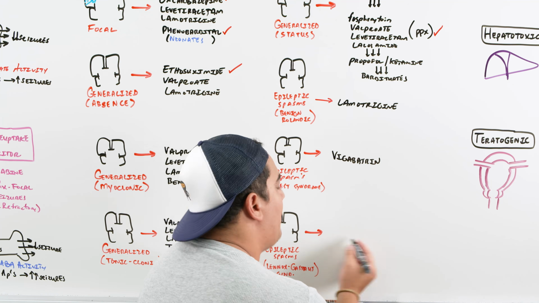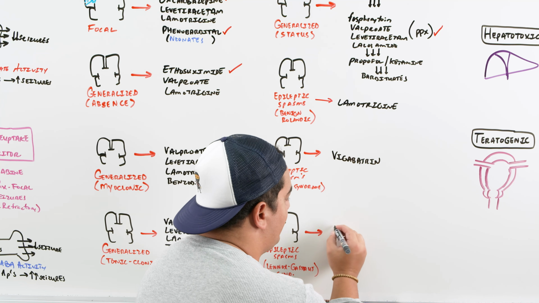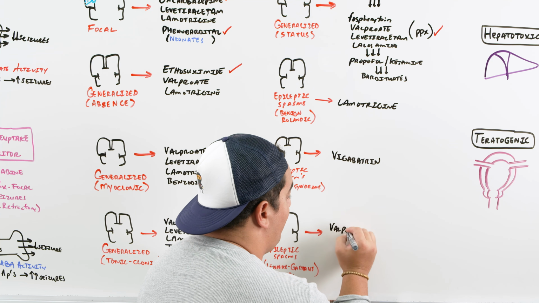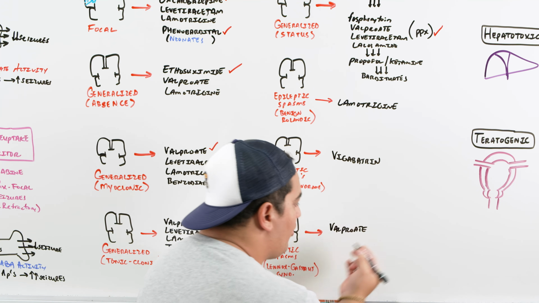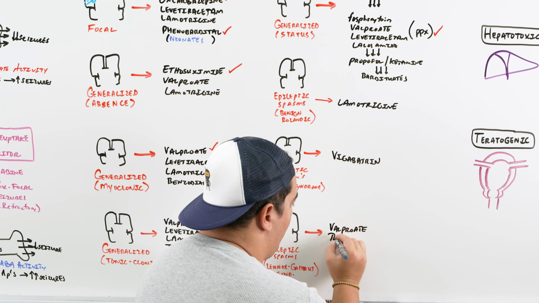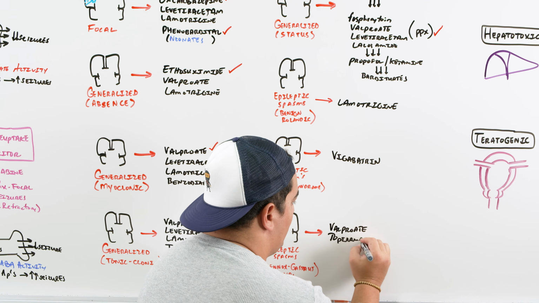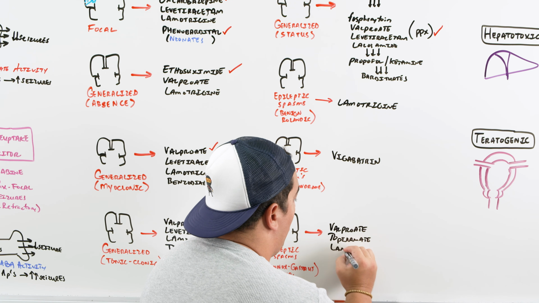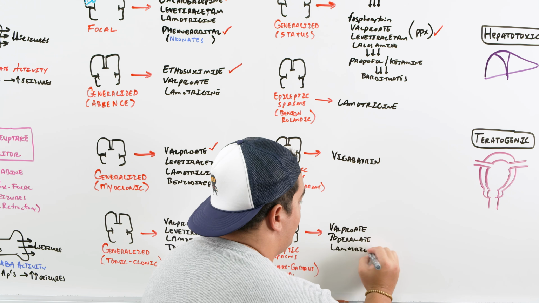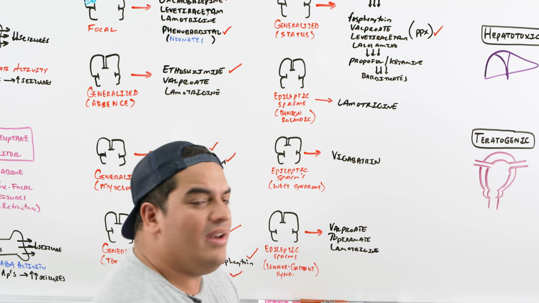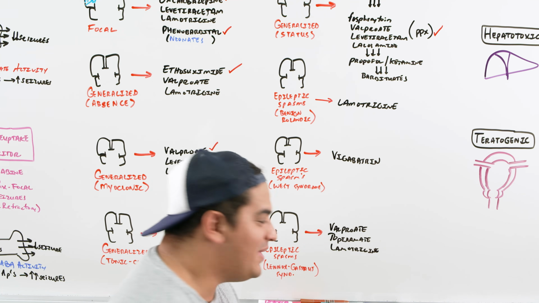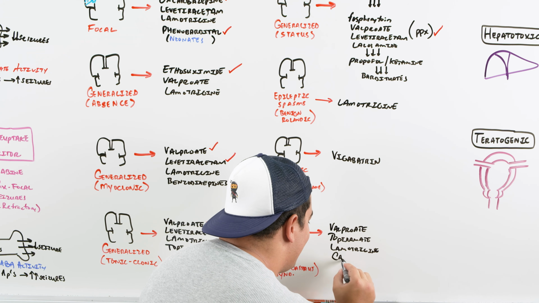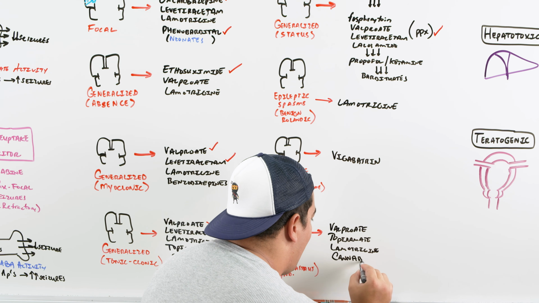Some of the options that we can consider in this situation: valproate tends to be very good. Another one that you can consider here is topiramate, which is also a pretty decent option. Lamotrigine is another potential option here. Another one that I would also consider, which we did not mention, but just for consistency's sake, is cannabidiol.